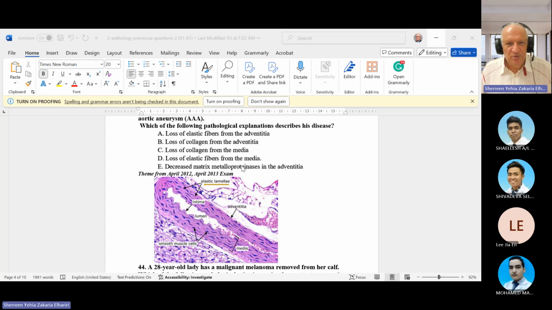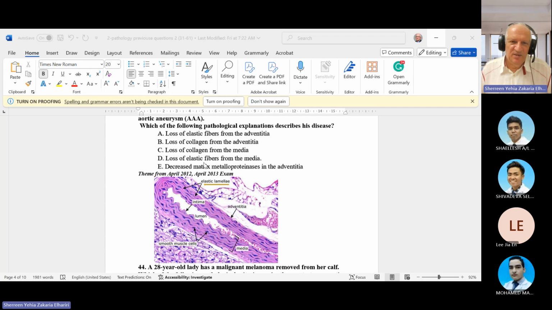But which one is responsible for dilatation of the artery in the media? Is it collagen or elastic fiber? The easy way to remember: to be stretched, you must have elastic fiber. So loss of the elastic fiber in the media, in the muscle layer, can cause aortic dilatation. Okay?